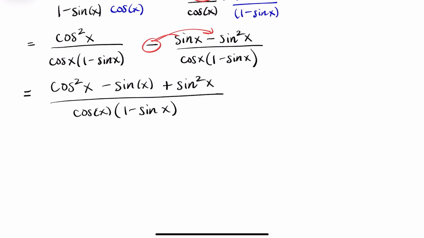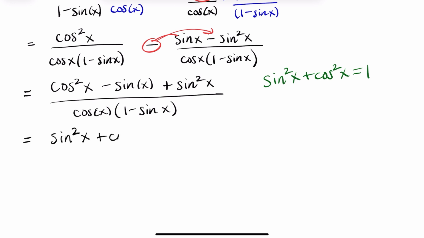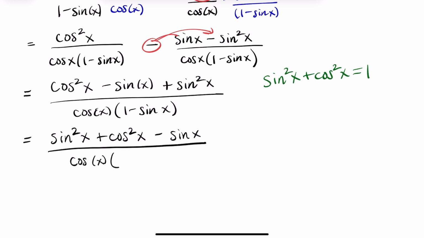We know that sine squared x plus cosine squared x equals 1. So I'm going to rearrange my terms in the numerator: sine squared x plus cosine squared x, leaving the minus sine hanging out over my LCD. I can do that because with addition, order does not matter. Addition is commutative.